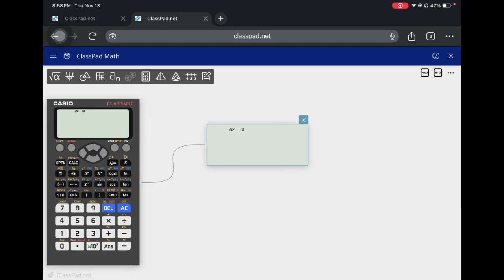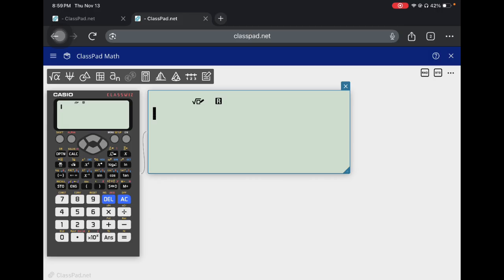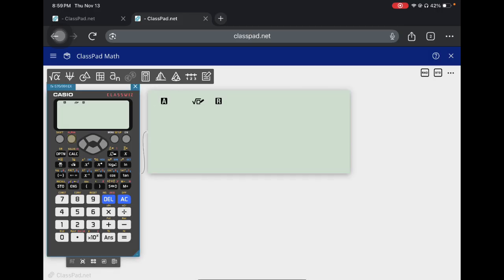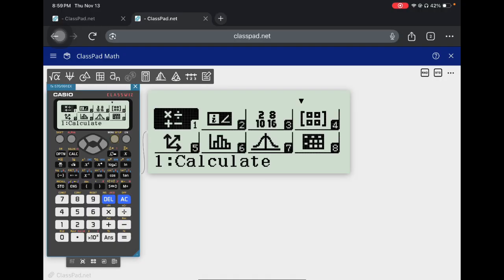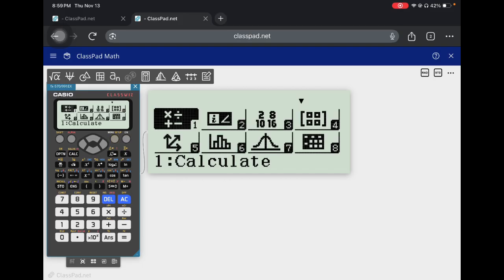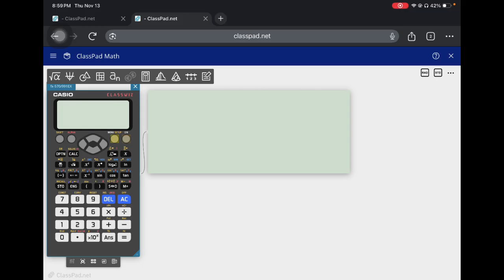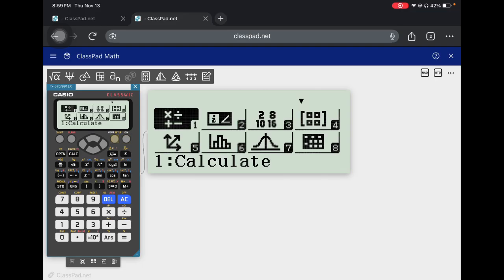Okay, so menu, alpha A. Menu alpha A is the equation. If you don't want to press menu alpha A, you can use the menu, then use the arrow one by one and go and look for the equation.